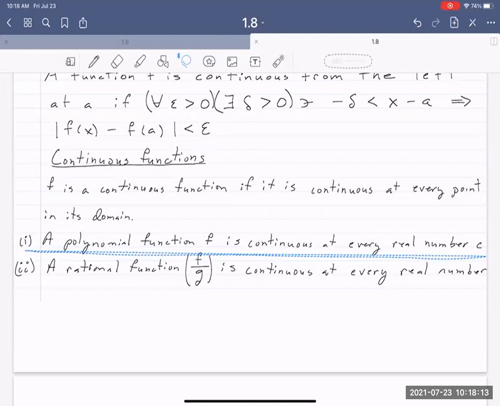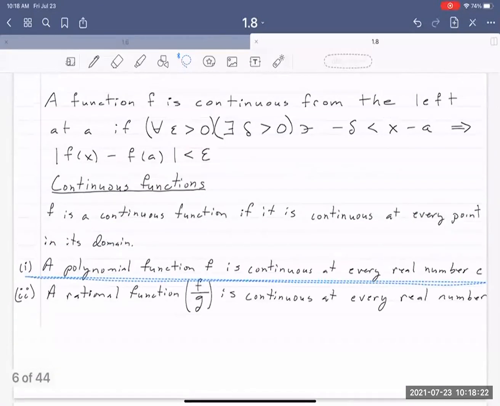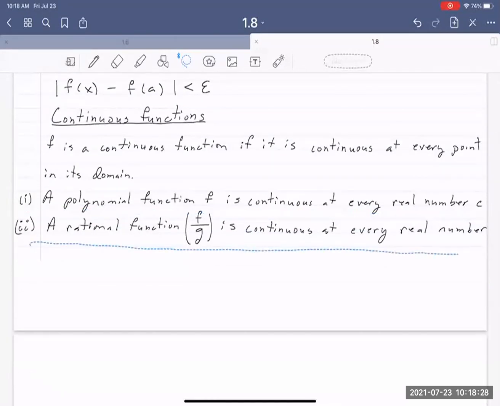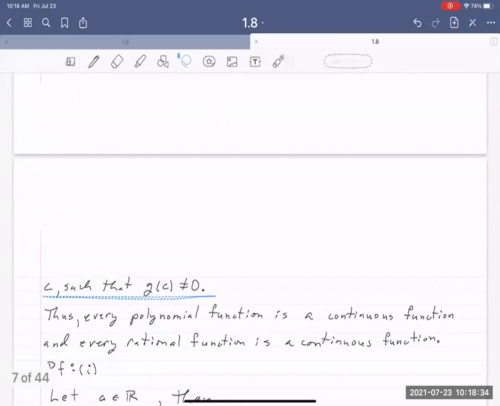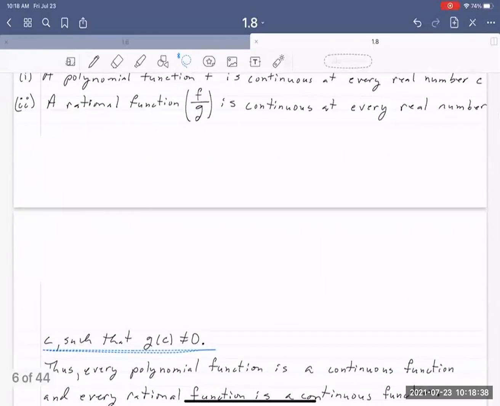So a polynomial function f is continuous at every real number c. A rational function f over g is continuous at every real number except when you divide by 0. So it's continuous at every real number c such that g of c is not 0.